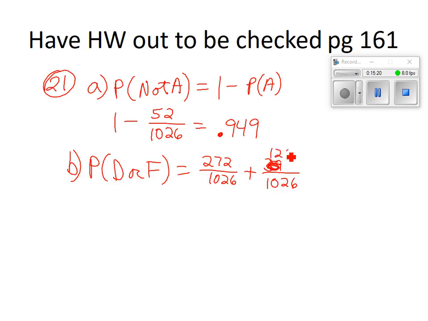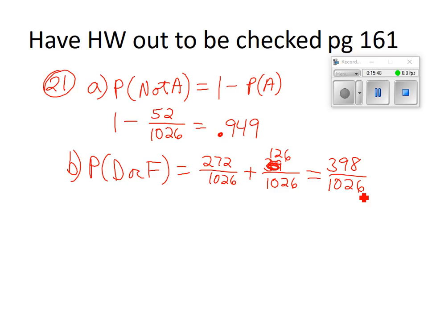I think you were given the total. Now, are these two events mutually exclusive? Or do we have to subtract something off? They're separate, right? Nobody gave a D and gave an F at the same time. So all we gotta do is add those two together. And Brendan already told us that's 398 out of 1026.